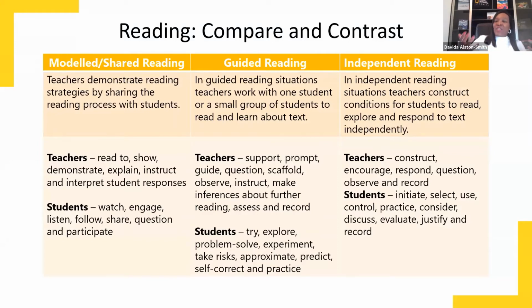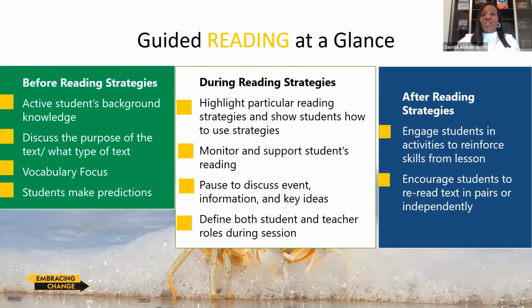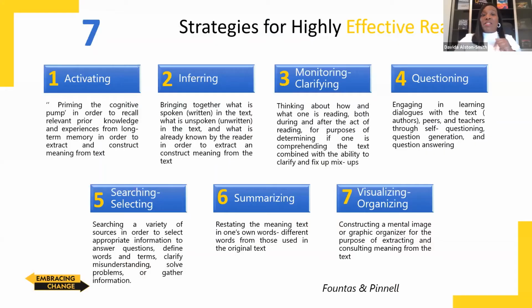So in a classroom, if a teacher is doing guided reading, they would first start with the modeled or shared. And so remember when I talked about the gradual release, we're starting where the teacher is on the stage. So this is a whole group. So the difference here is that this one is a whole group activity, and the teacher is demonstrating. The teacher is modeling. So they're reading, they're showing how to use those strategies that we talked about just a minute ago.